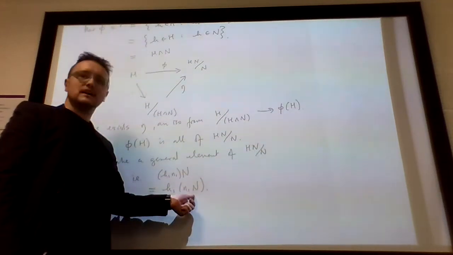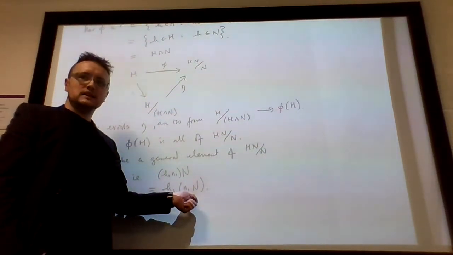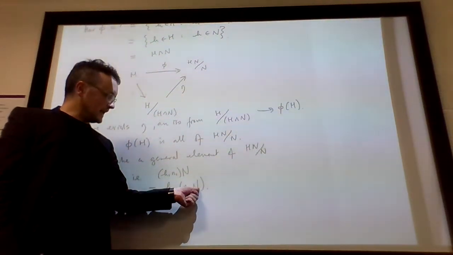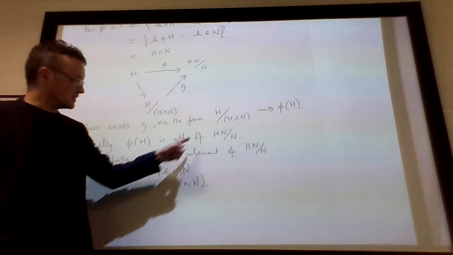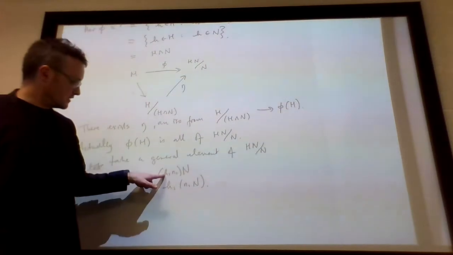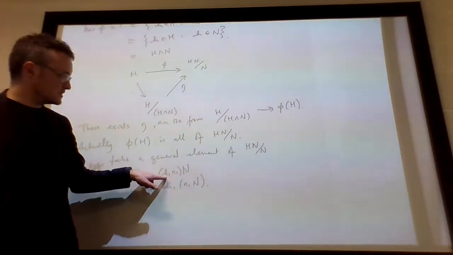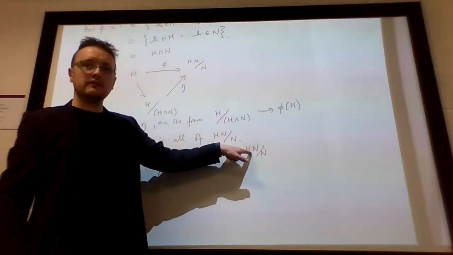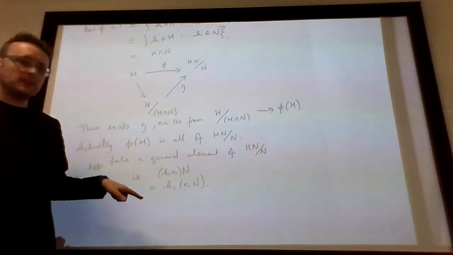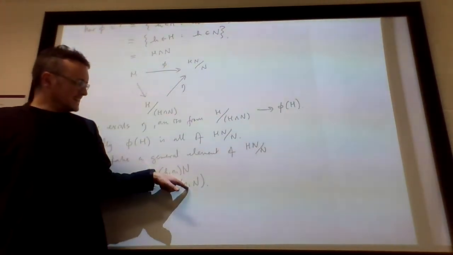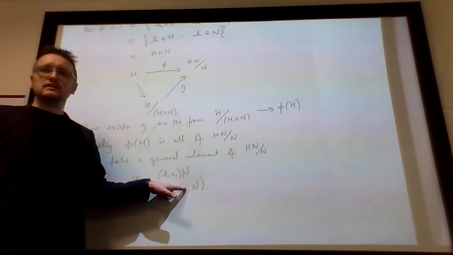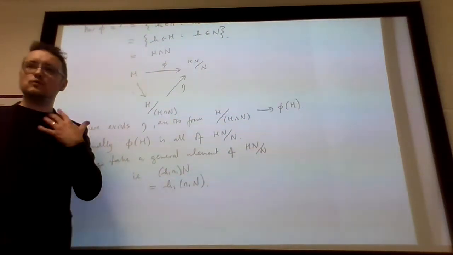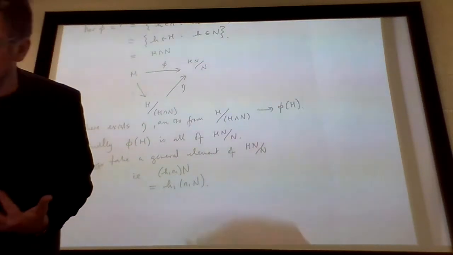Now, what's inside that bracket? It's a coset of N by a little n1, which is something from N. So what is a coset of N by an element already in N? Well, that is N itself.